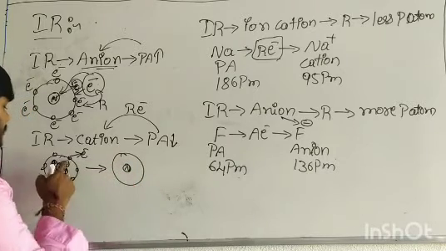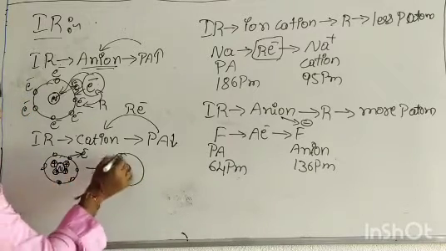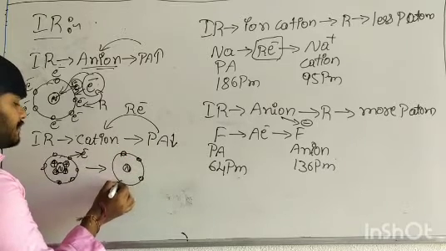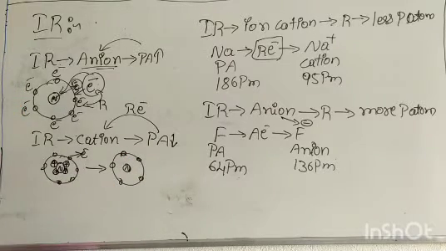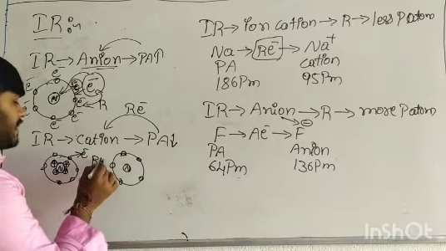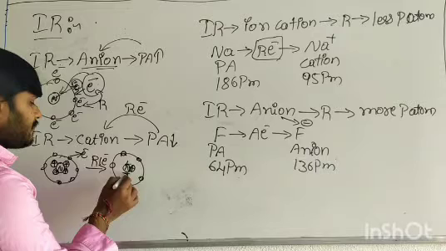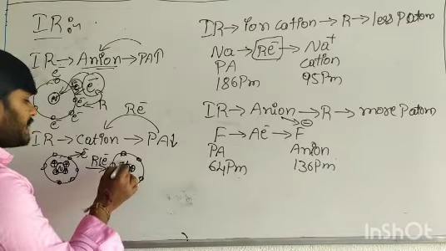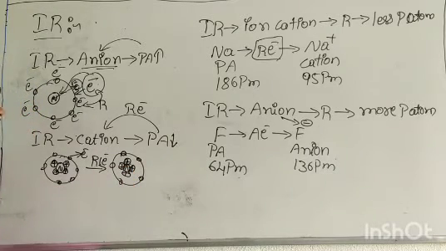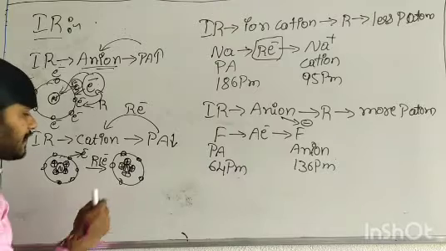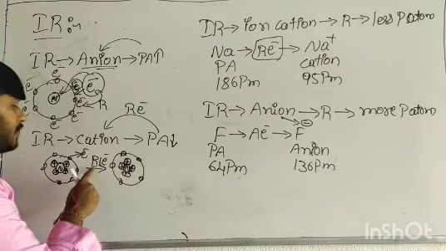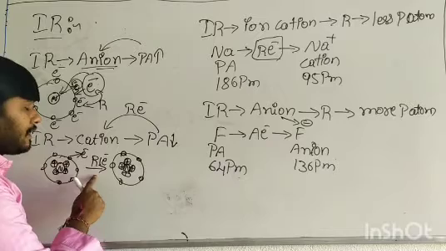You have 1, 2, 3, 4, 5, 6 electrons, so there is only the presence of 5 electrons after removal of 1 electron. But there is no variation in the positive charge of the nucleus. The positive charge of the nucleus will remain the same here. We are removing only the negatively charged electrons.